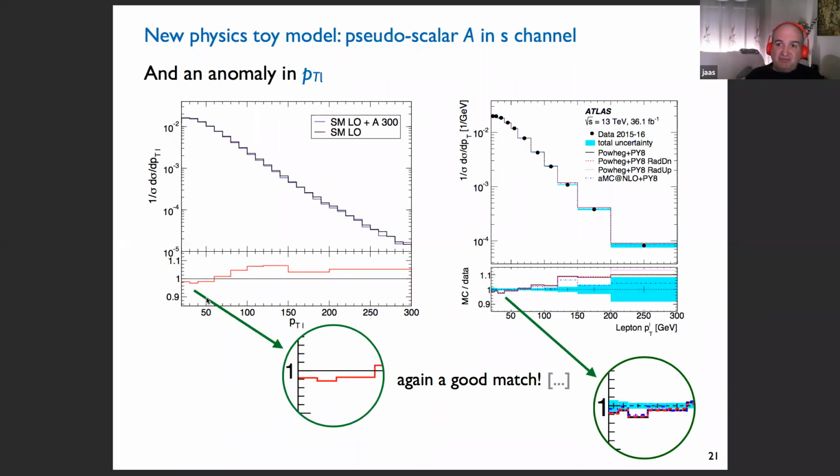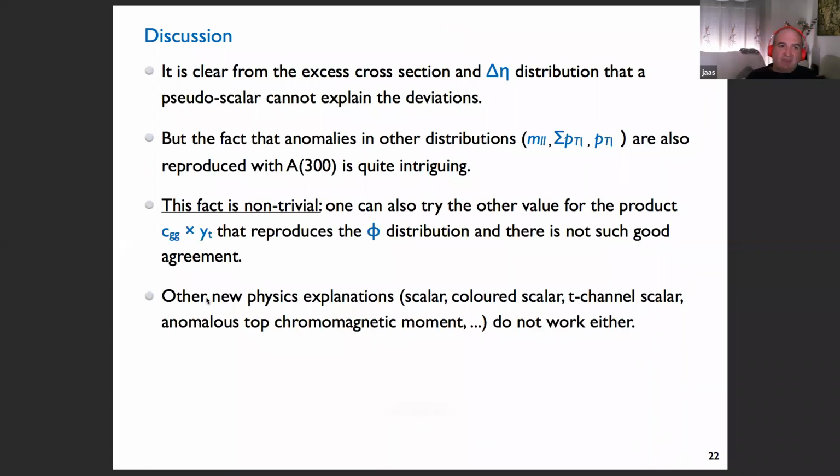And in the PT of the lepton, there is also an anomaly in data compared to next to leading order. And when you introduce the pseudo-scalar, again, it seems to work. So it's clear that from the excess in the cross-section and the delta eta, a pseudo-scalar cannot explain the deviations, but it's curious to see that this would explain other things.